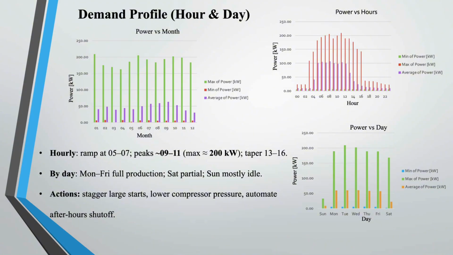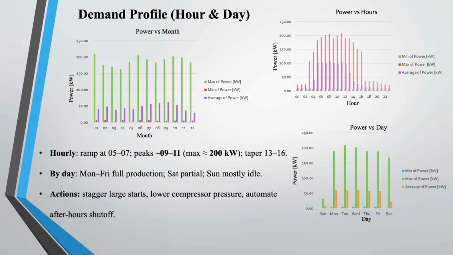And from 5 p.m. until 4 a.m. the next morning, the demand goes all the way down, but still has a value because some equipment is still running at the time when we don't do production, but the machines are still on.